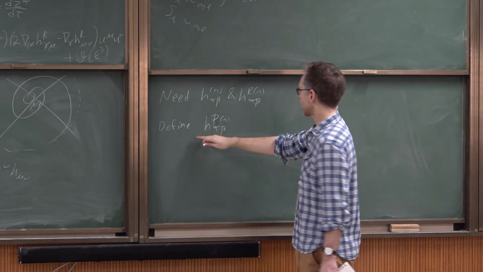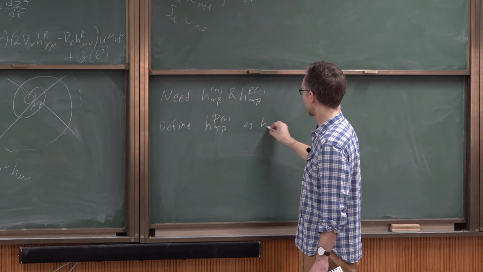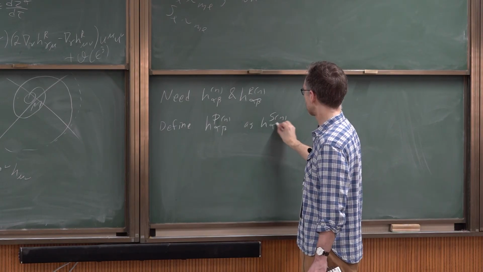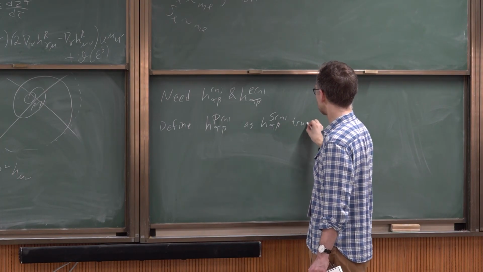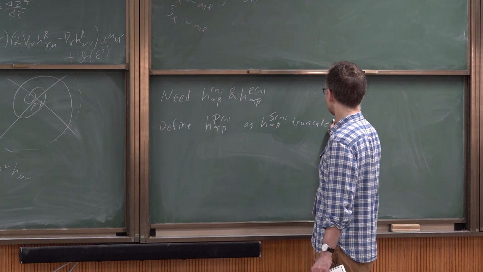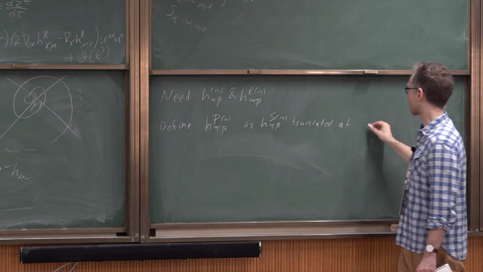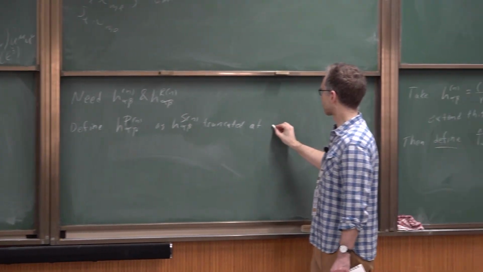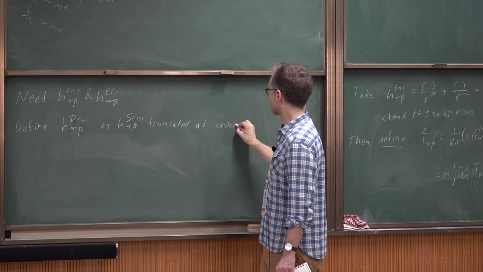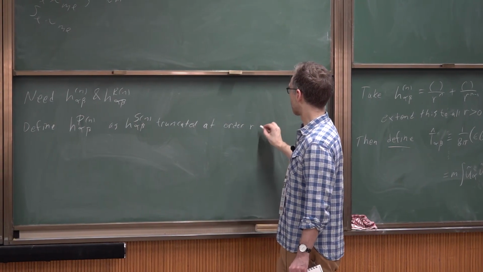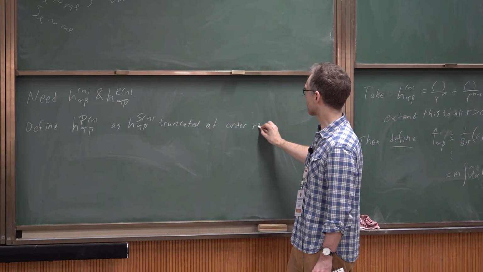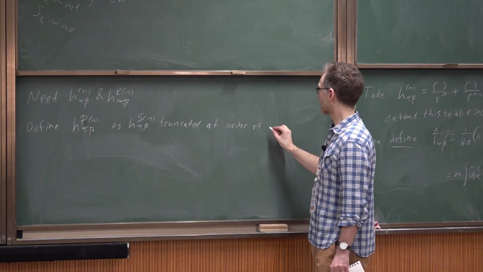So we define this as Hsn truncated at some order in R. So let's say R, at least R squared or higher.